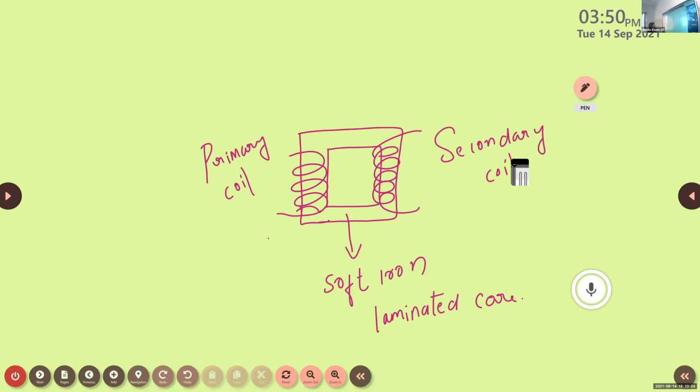The coil at which we give the energy is called the primary coil. And the secondary coil is the coil from which the energy is taken out.